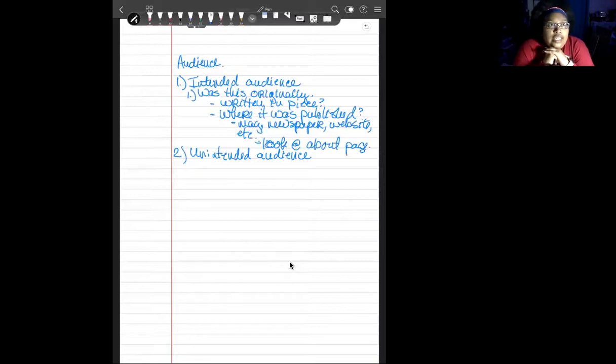If we see, for example, something that was published in, say, the Atlantic, you may read something published in the Atlantic magazine. What does that tell you about the audience? Well, you have to go into the about page and see who they think the audience is. You could see that maybe the audience is more liberal minded.